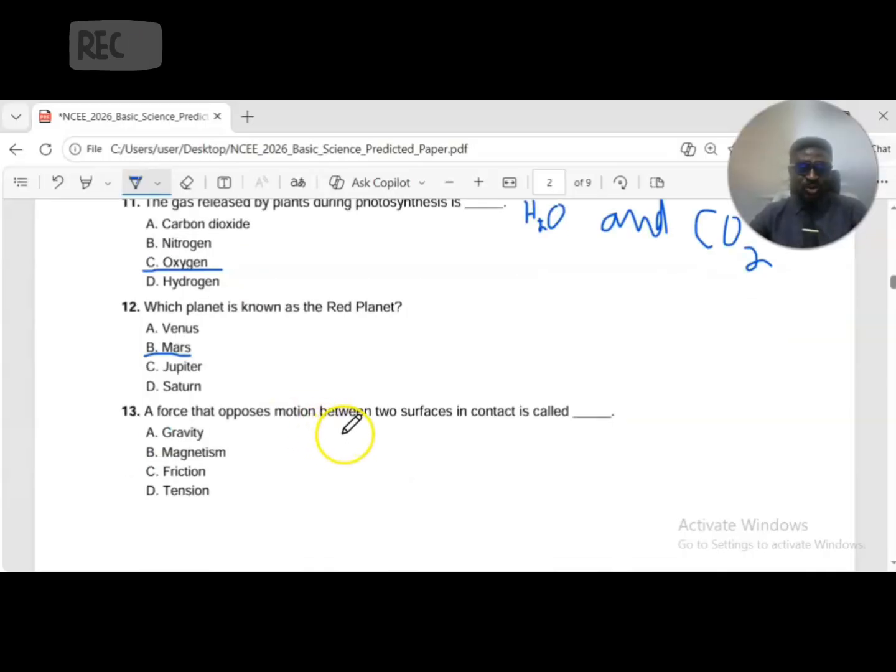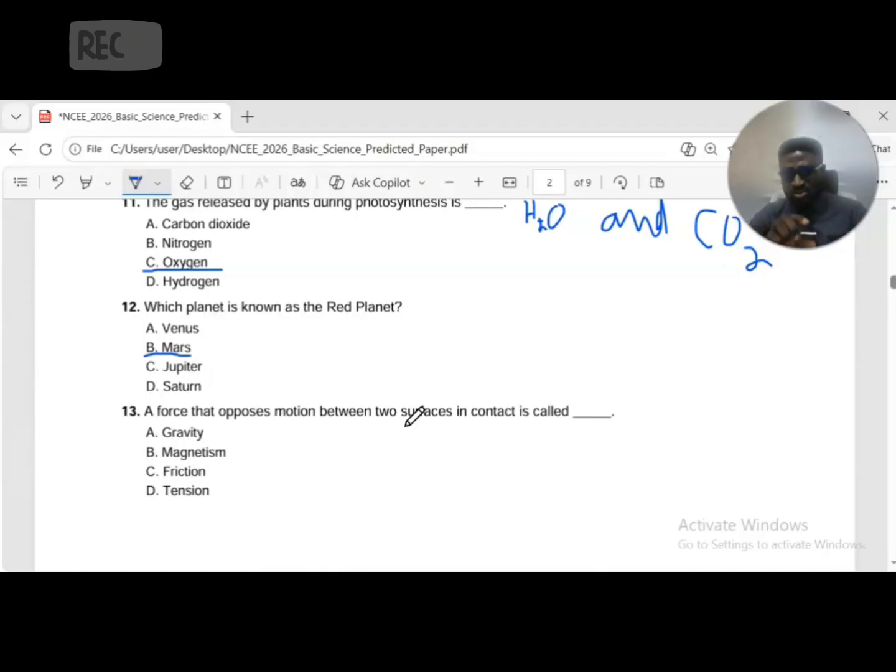A force that opposes motion between two surfaces in contact is called dash. A, gravity, B, magnetism, C, friction, D, tension. There are different types of forces: gravitational forces, magnetic forces, frictional forces, tensional forces, and many other forces that exist in the physical environment.